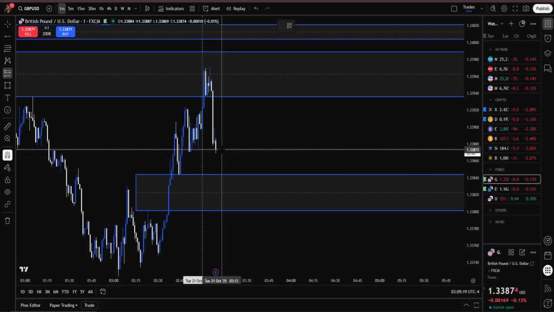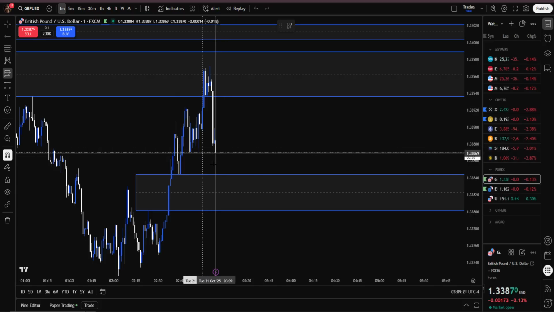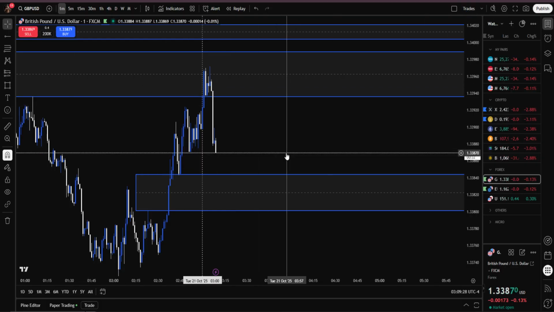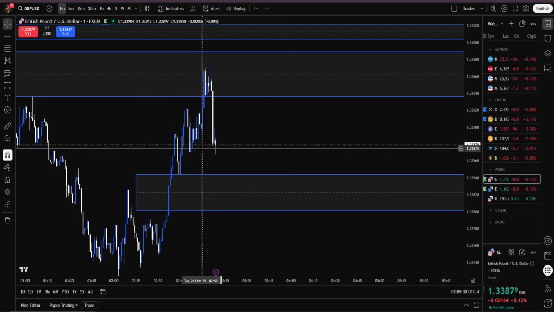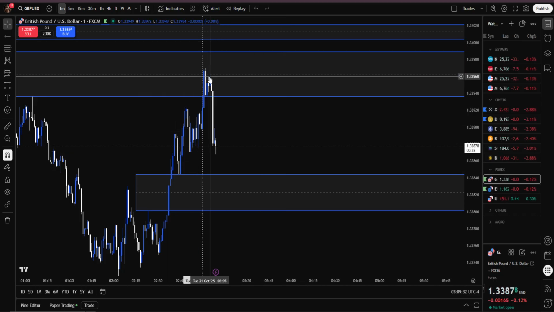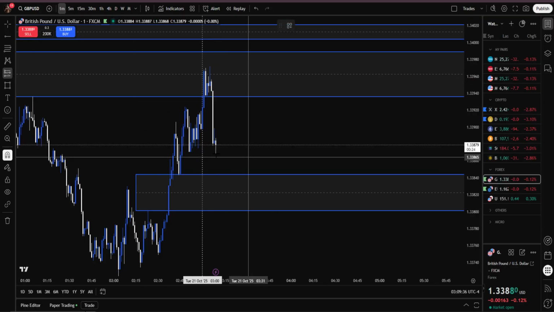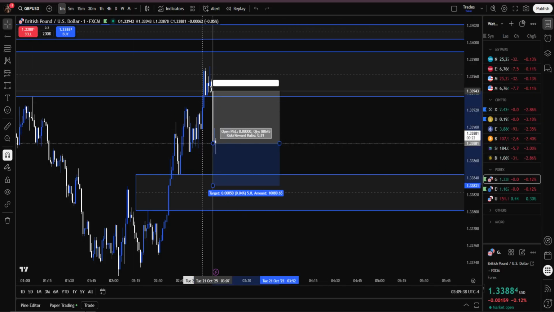Because then if this hits without retracing, I don't know what to take at this point. This is the one situation I didn't want to happen, us hitting this and then hitting this without an entry. Honestly, I could enter right now off this. It's obvious we're going to sweep these lows now.